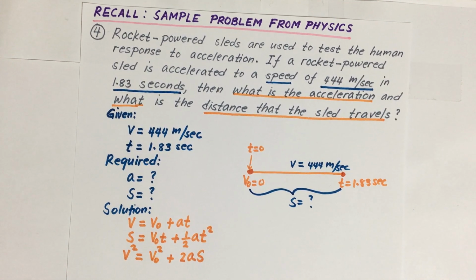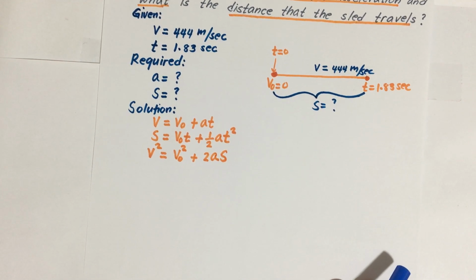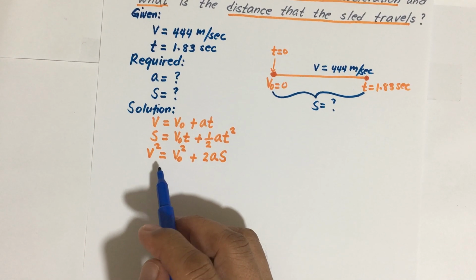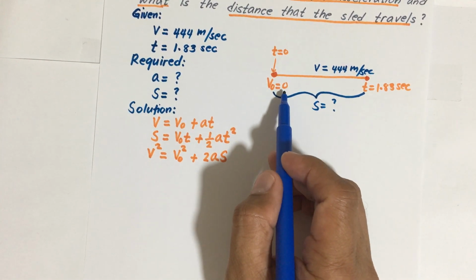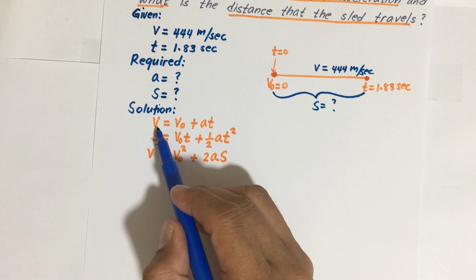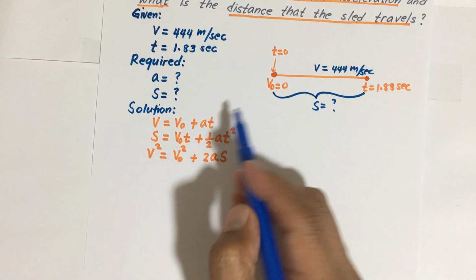So which formula can we use first? At t equal to 0, v sub 0 equal to 0. The final velocity v is given. This is 0. Then we can solve for a because t is given.